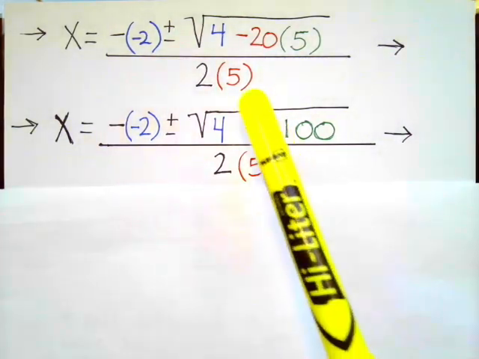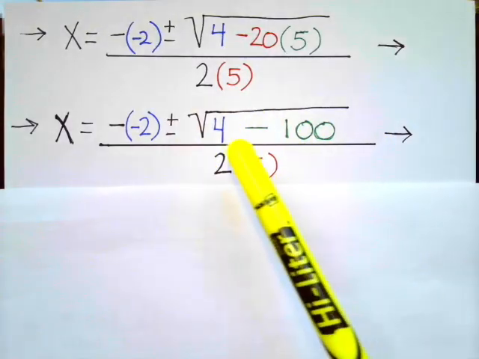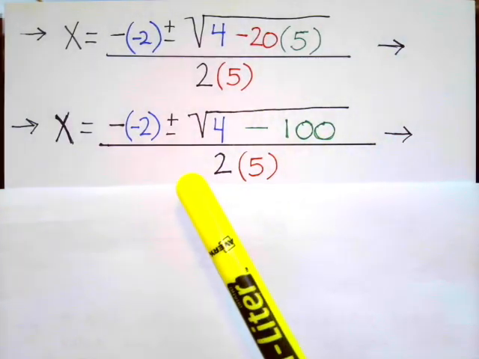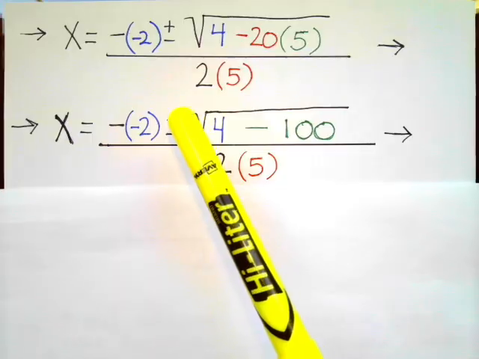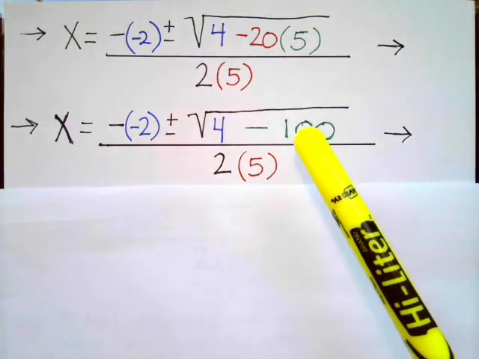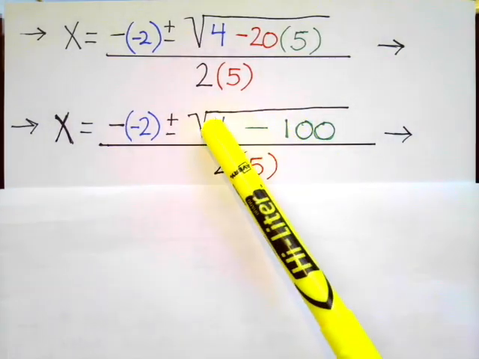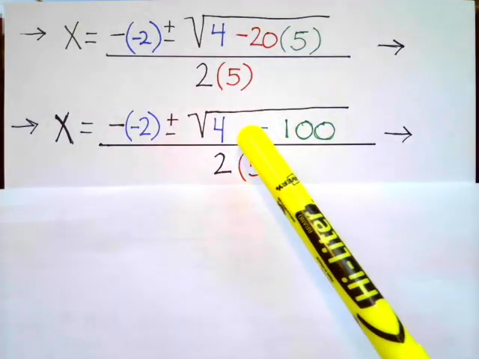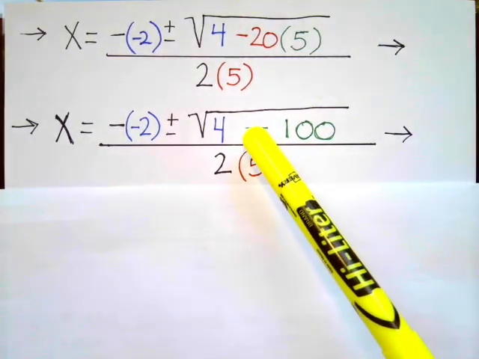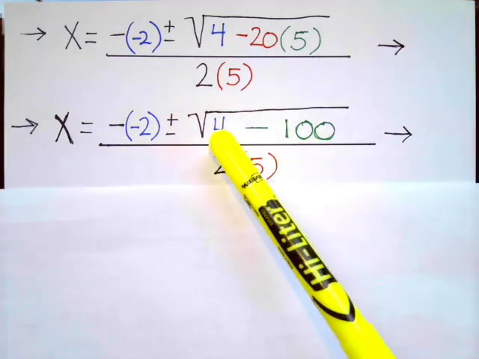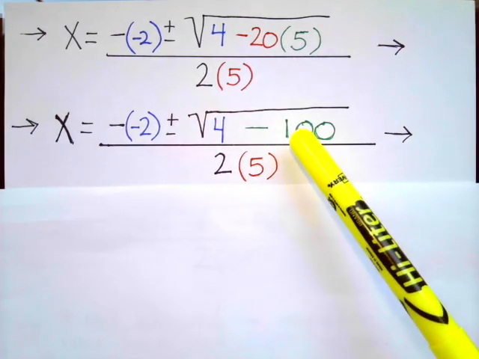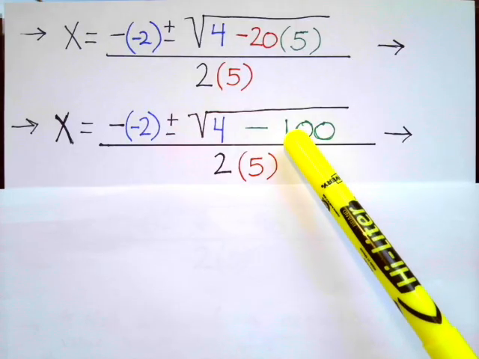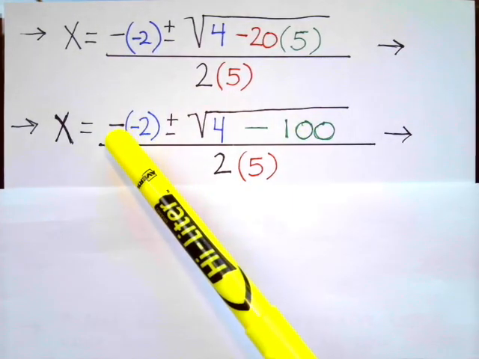All right. Again, inside the parentheses, you were using PEMDAS, order of operations. Other parentheses? Well, there's a radical, and that's considered a parenthesis. Is there anything inside the parenthesis I can do? Yes. I can subtract 4 minus 100, or 4 plus a negative 100. And everything else I'm going to rewrite.